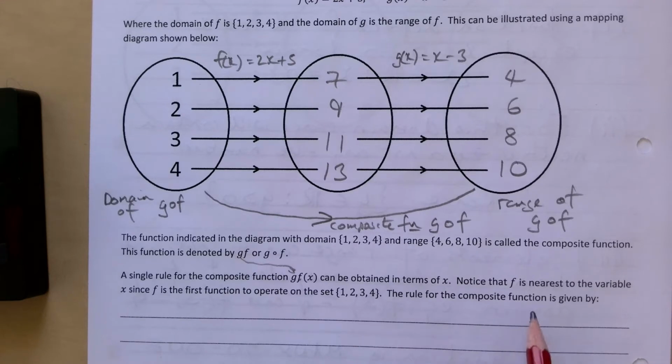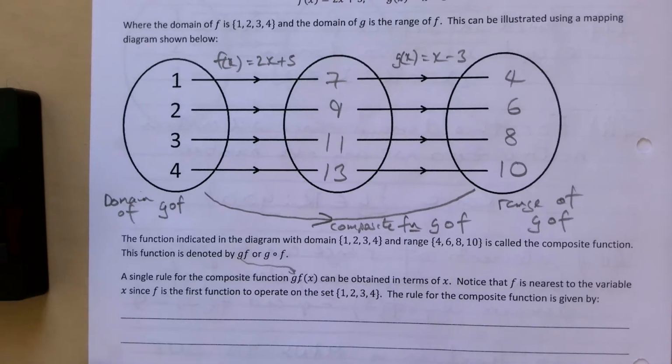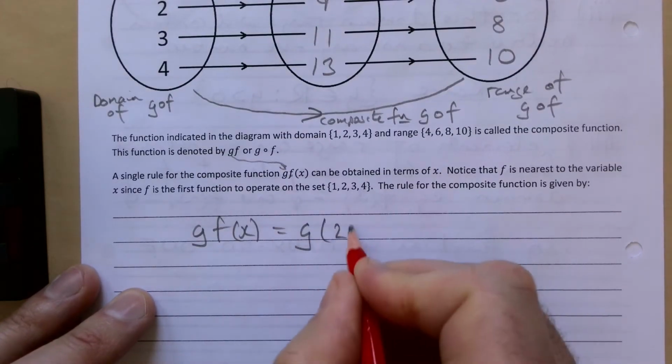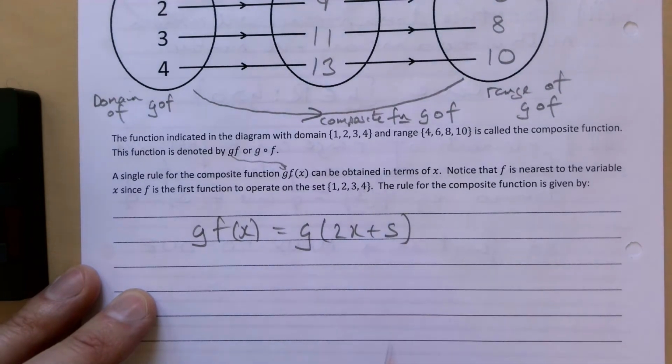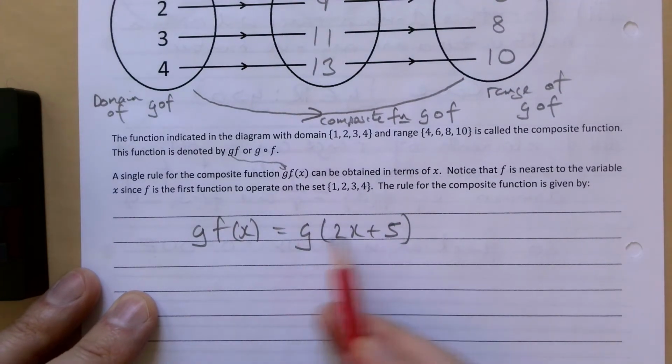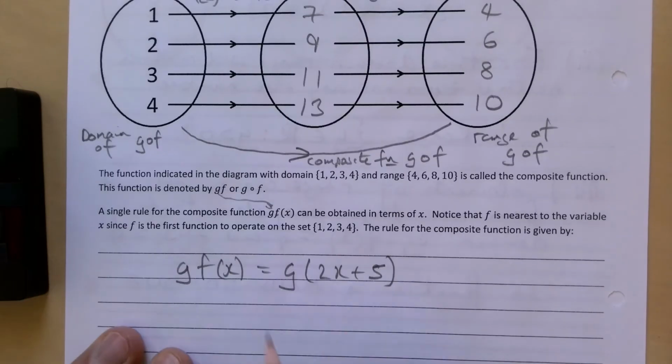The rule for the composite function is given by g of f of x. So we want to do g of 2x plus 5. So what does that mean? I substitute in 2x plus 5 into my g function, which is x minus 3.